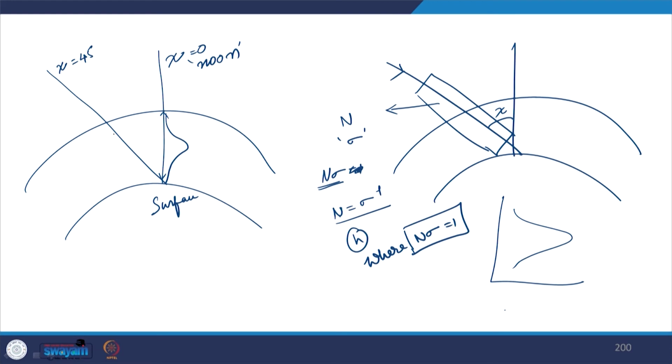As a result, because it is traveling more distance, the penetration of the maximum energy will be to higher altitudes. That is the difference, right.